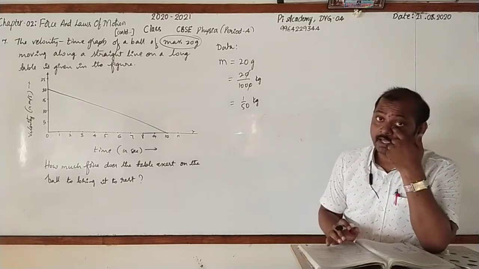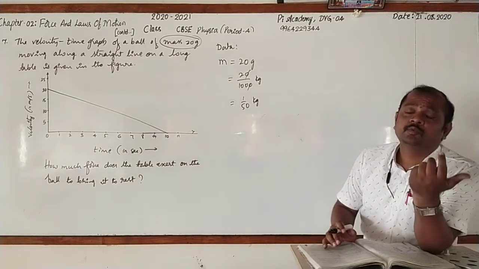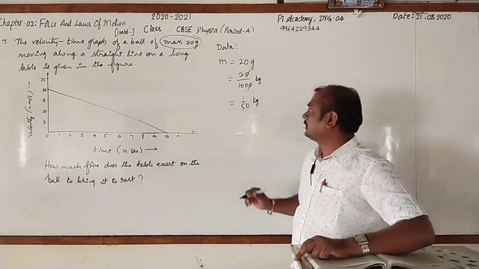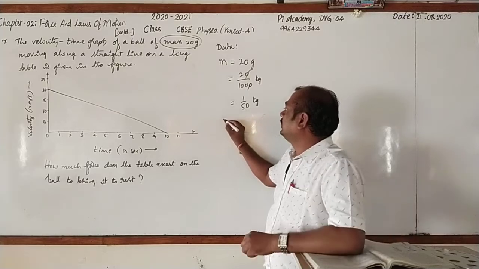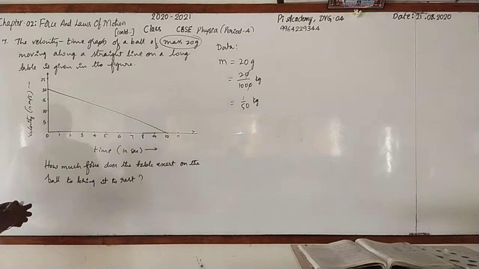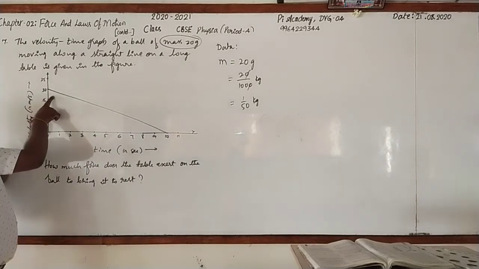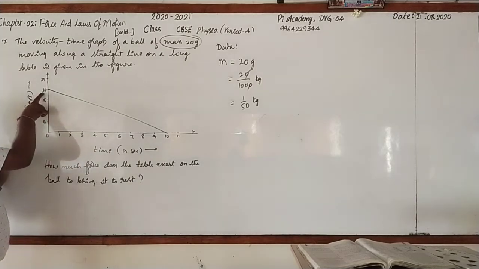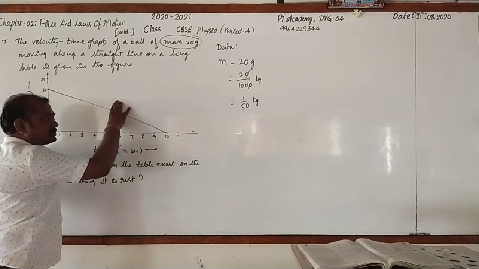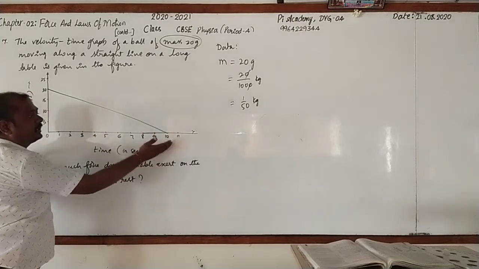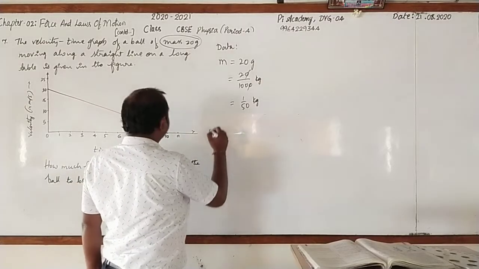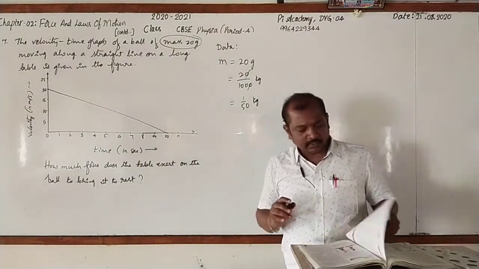Then we need acceleration. To get acceleration, we must know initial velocity, final velocity and time. Initial velocity: what is the velocity with which it has started to move? It is 20 meter per second. Then it will slow down, and after 10 seconds it will come to rest.